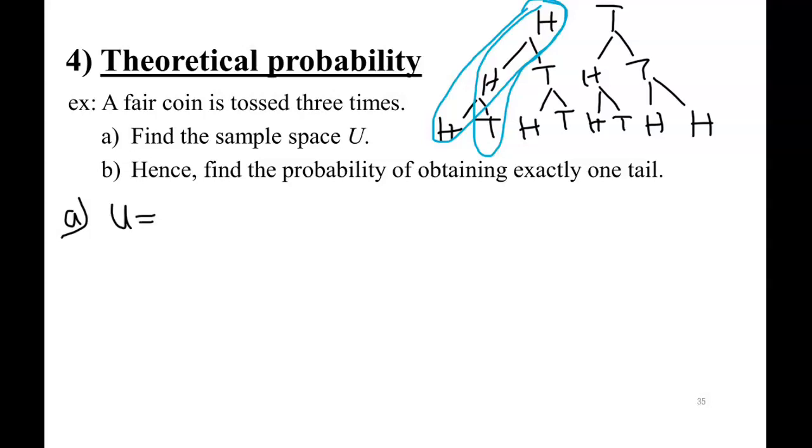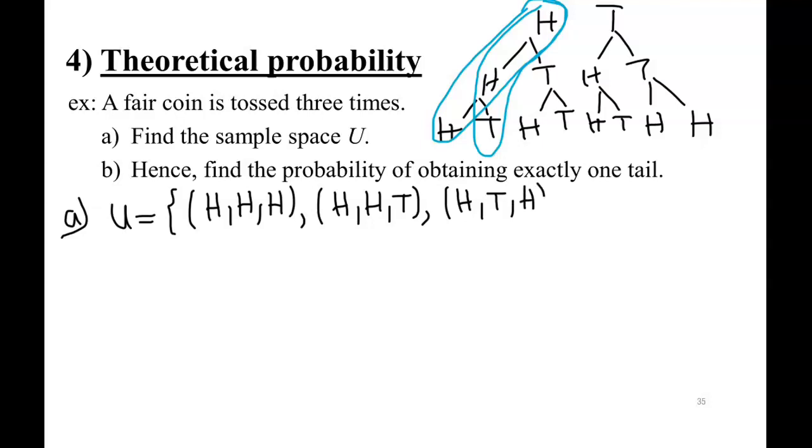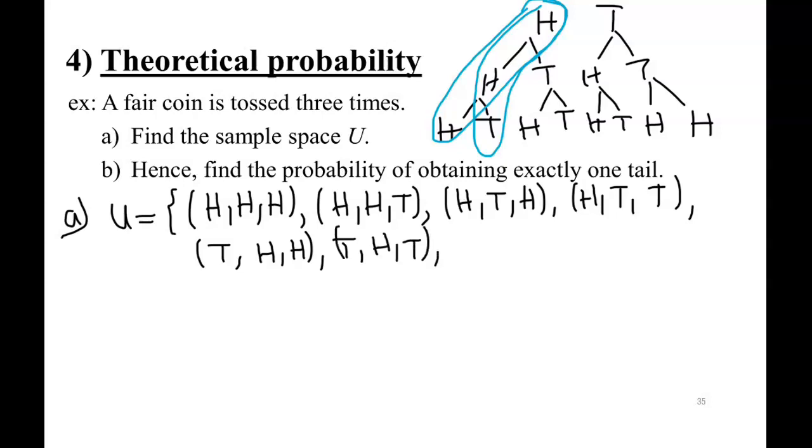So we have here U equal to the set containing 3 heads, 2 heads followed by a tail, a head followed by a tail, then by a head again, then a head followed by 2 tails, and a tail followed by 2 heads, a tail followed by a head, then by a tail again, 2 tails followed by a head, and 3 tails eventually. This is supposed to be a T, not an H. Sorry about that.